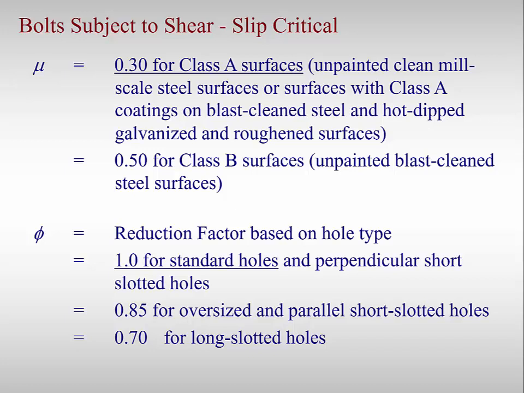Standard holes, which have the typical 1/16 inch oversize, as well as short slotted holes perpendicular to the applied force, have a resistance factor of 1. When oversized holes and parallel short slotted holes are used, the reduction factor is 0.85. And when long slotted holes in either direction are used, the reduction factor is 0.70.